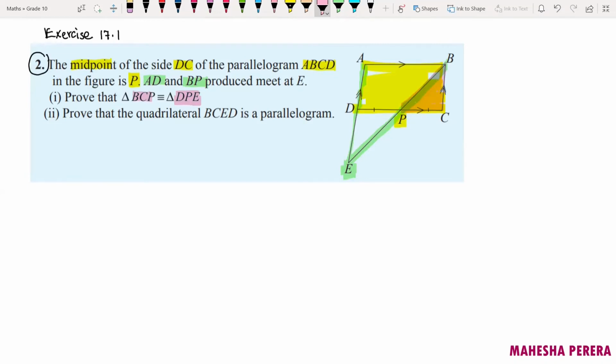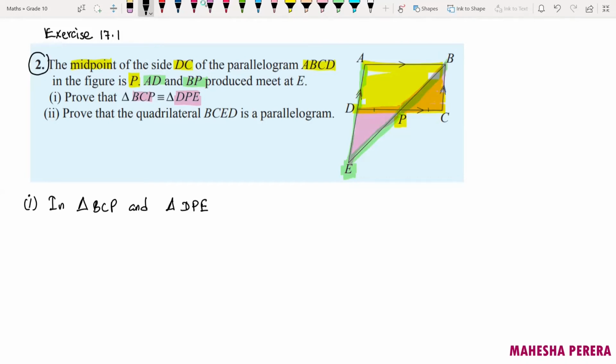And then triangle DPE is here, right? So we need to prove that these two triangles are congruent. Okay. Now let's write Roman figure 1. In triangle BCP and triangle DPE, right?